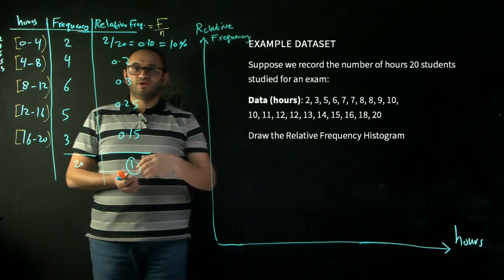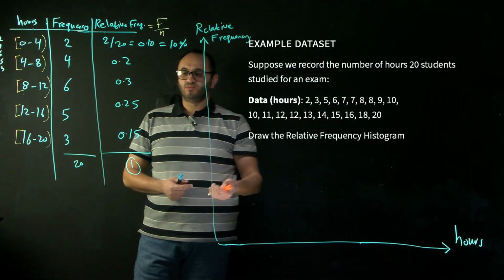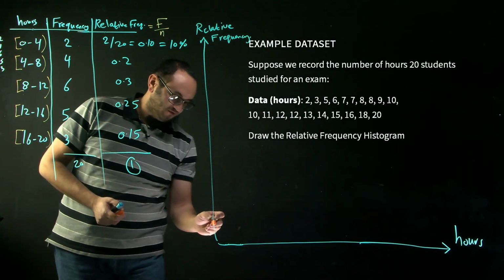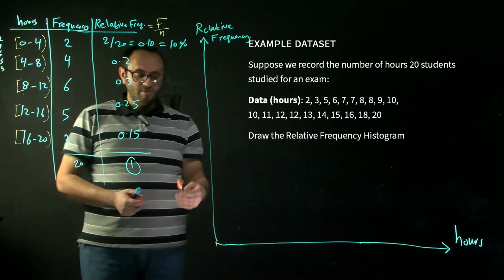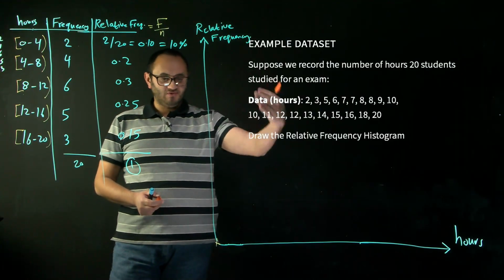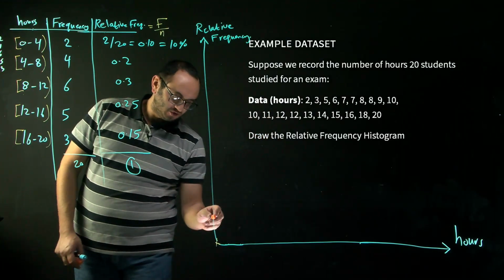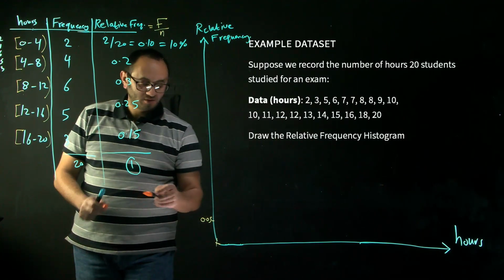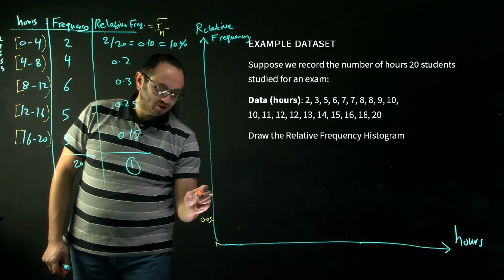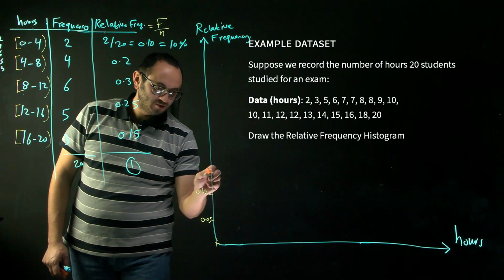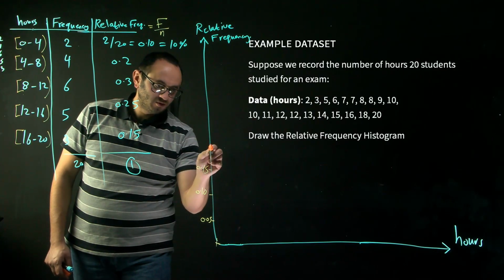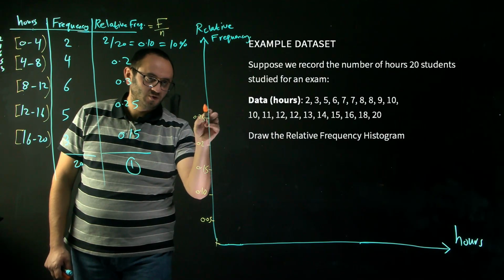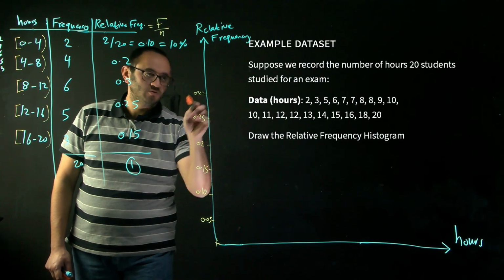The smallest relative frequency is 10%, the maximum is 30%. So maybe I can start with 0.05, like 5%, then add 5% each time. So 0.05, 0.10, 0.15, 0.20, 0.25, 0.30.